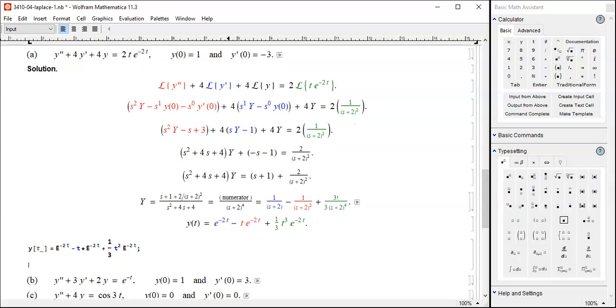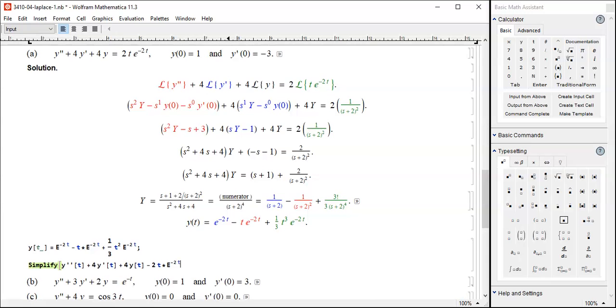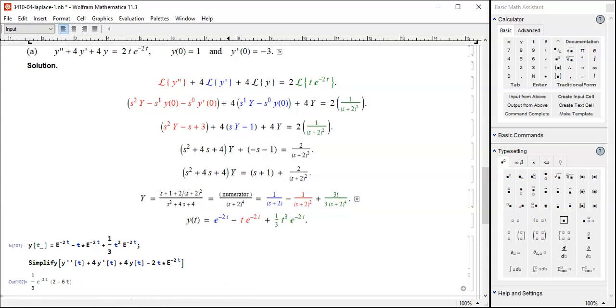That's my y of t. And then simplify the equation y double prime plus 4y prime plus 4y of t minus the right-hand side, 2t times exponential of negative 2t, and simplify it. Oh my, I'm not getting 0 here. Something is not right.